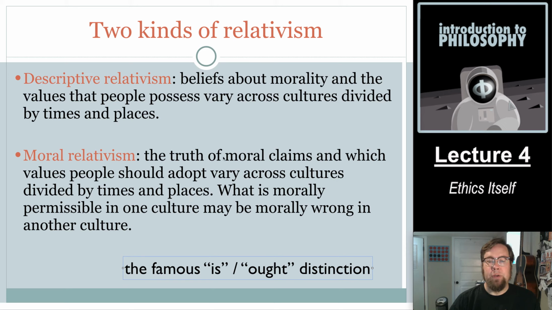The truth of moral claims and which values people should adopt vary across cultures divided by times and places. What is morally permissible in one culture may be morally wrong in another culture. So it's not just saying that people have different beliefs about what's permissible and what's wrong, but that those beliefs are true in the one culture and, relative to the other culture, those beliefs are false.